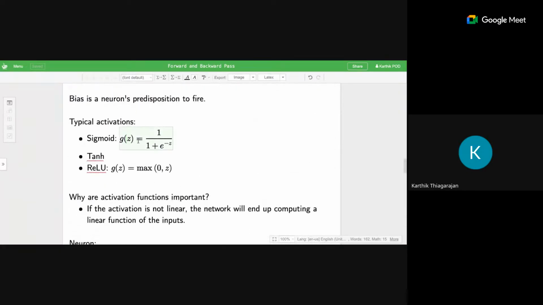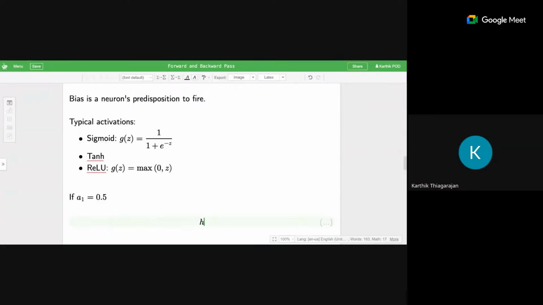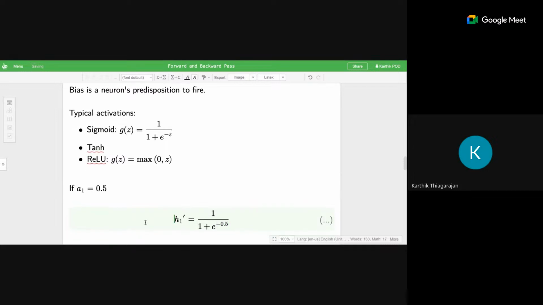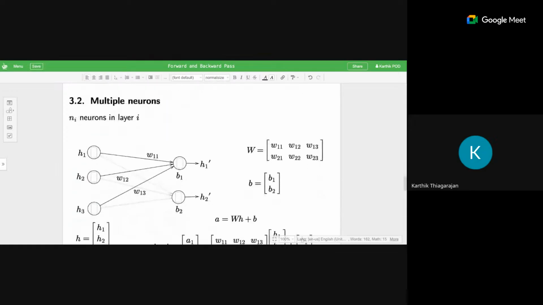For instance, if A1 ends up being say 0.5, then H1 prime will be 1 by 1 plus e power minus 0.5. That is what H1 prime will be. This will be the output of the neuron.